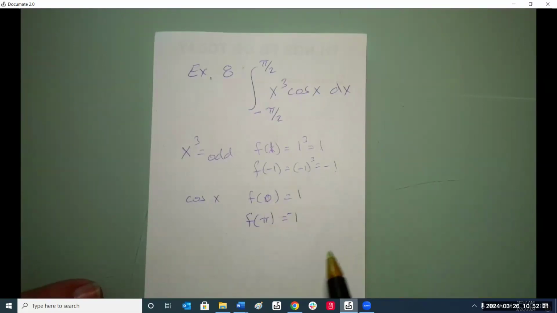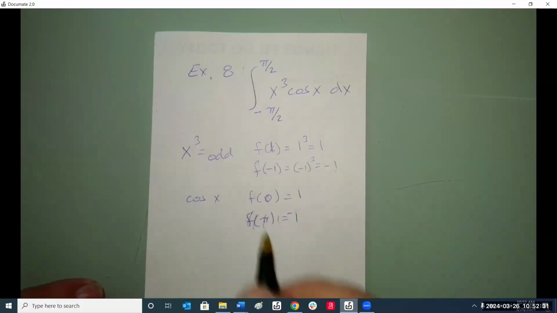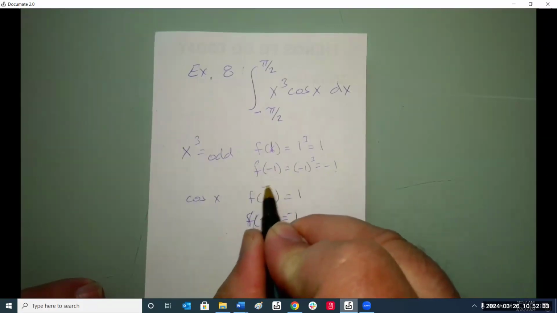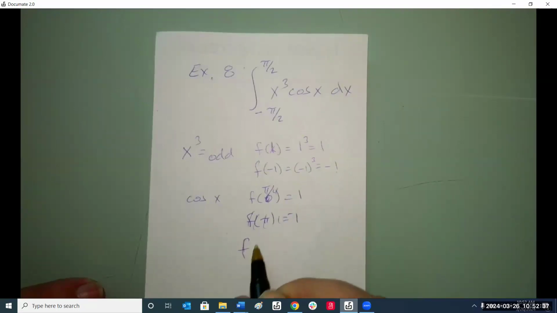So this is an even function. Let's look at pi over 4 and negative pi over 4.